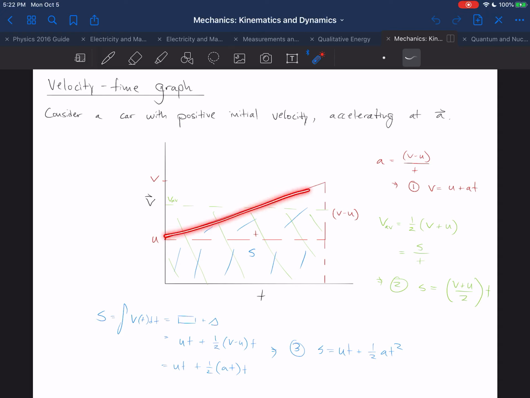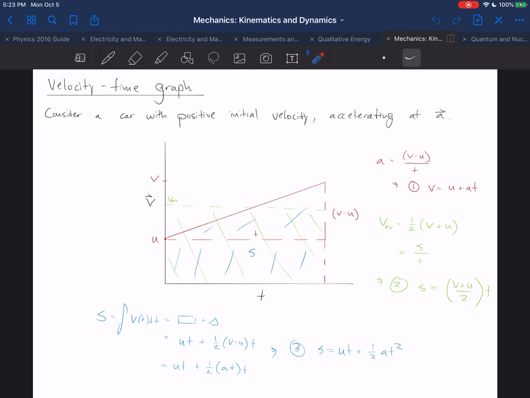That is the extra area in this particular triangle, 1/2 the acceleration times the time interval squared. Notice that this t squared is because as the time interval increases, you're gaining more and more displacement for every second that passes. That's the significance of the t squared in that equation.